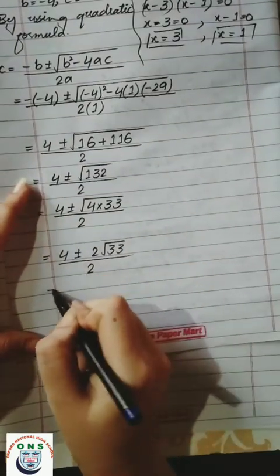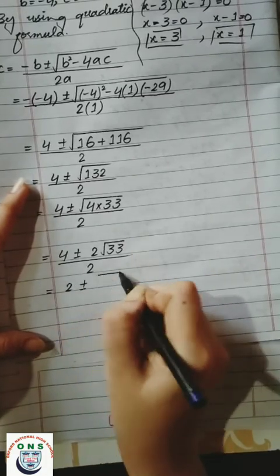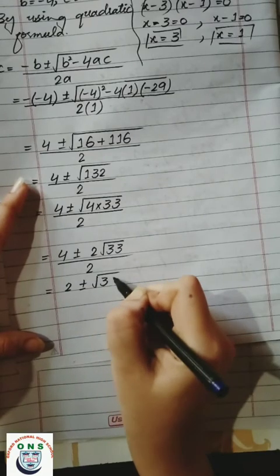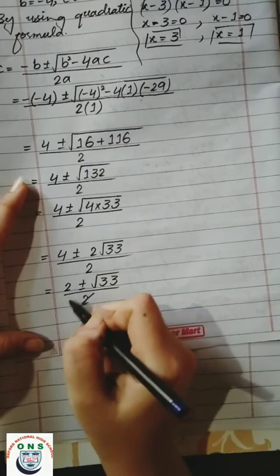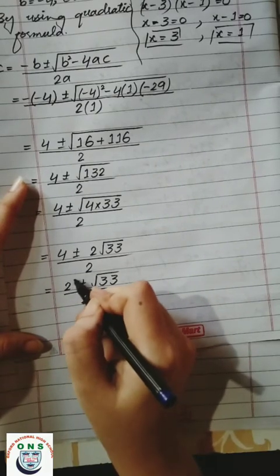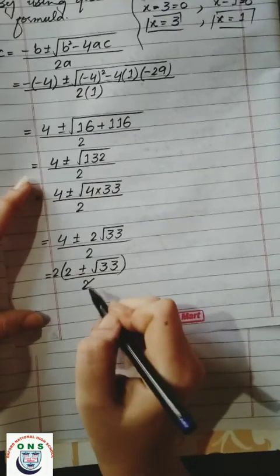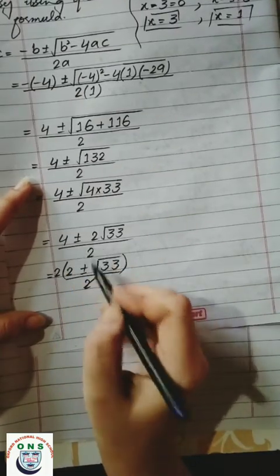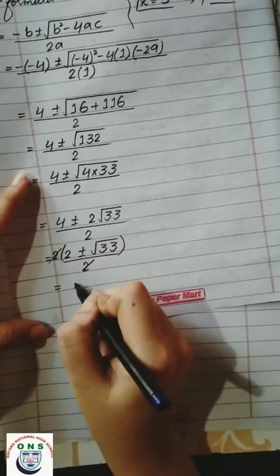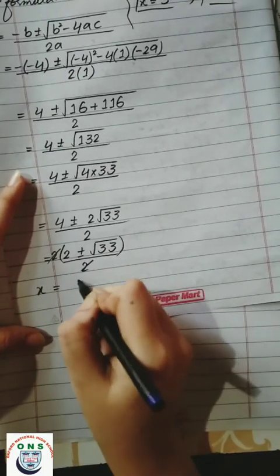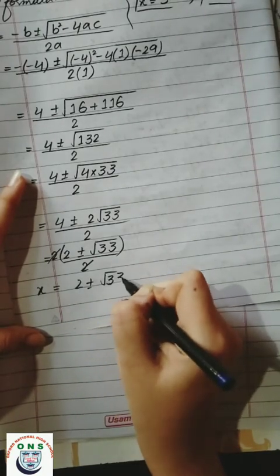Now what to do? Now we can take common. 2 can be taken common from here, and the 33 will remain inside. Sorry, 2 is taken common here, and 2 will be cancelled, and the x value will be 2 plus minus square root 33.